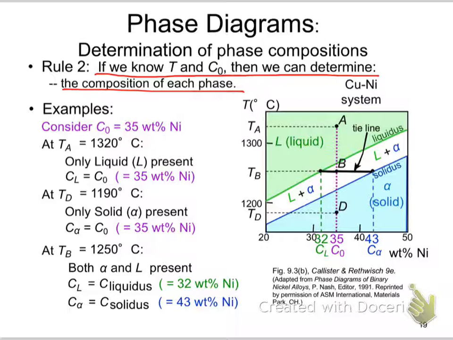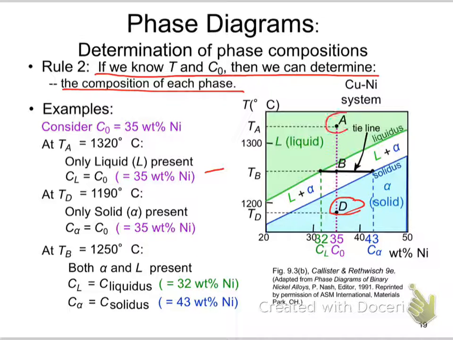So point A is up here in the liquid phase field. And so we know that at 1320 degrees Celsius, not only do we know there's only liquid present, but we can plot this point and say we know that there's 35% nickel.